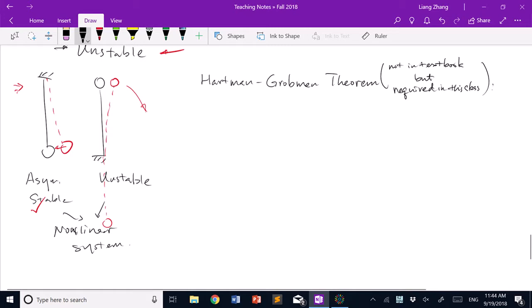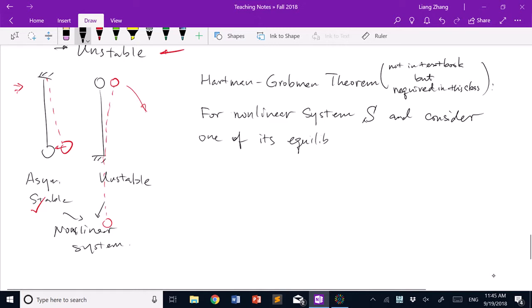So the content of the theorem is like this. Let's assume we have a nonlinear system S, and consider one of its equilibria, y star, and in the state space it can be x star as well, or it can be u star as well.